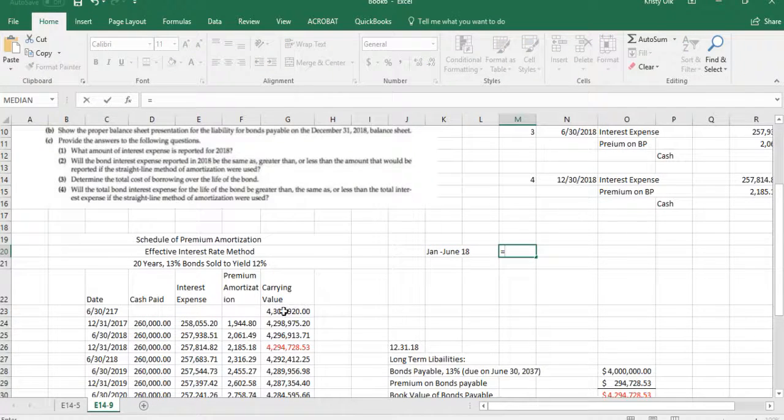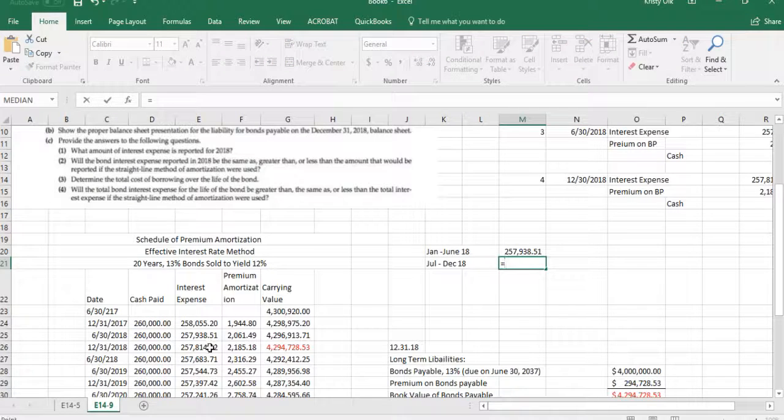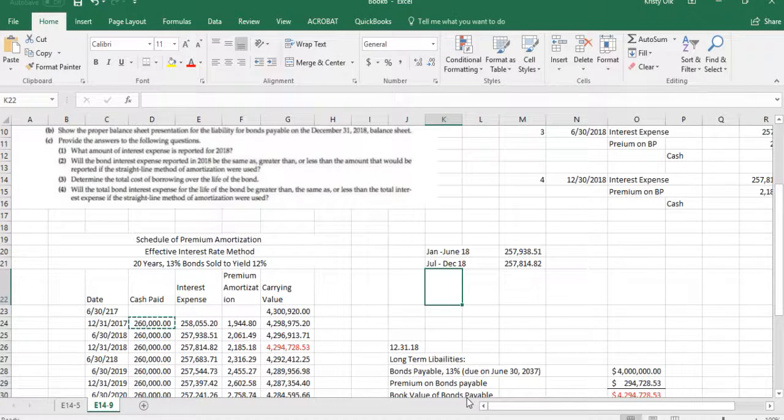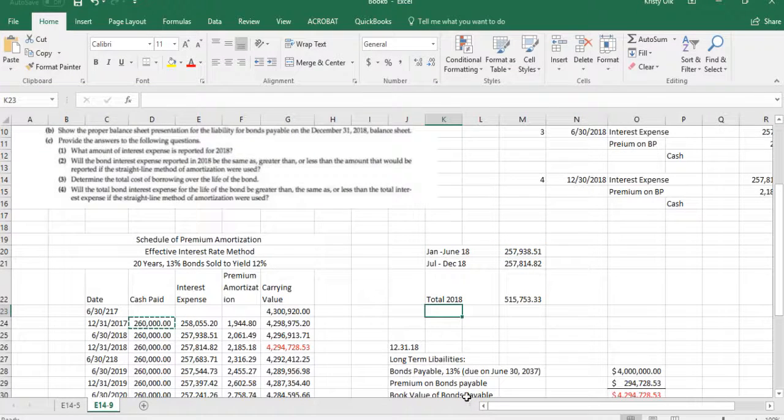We know that this is the amount of interest. And then from July to December of 18, this is the amount of interest. So the amount of interest that is being reported for all of 2018 is this amount.